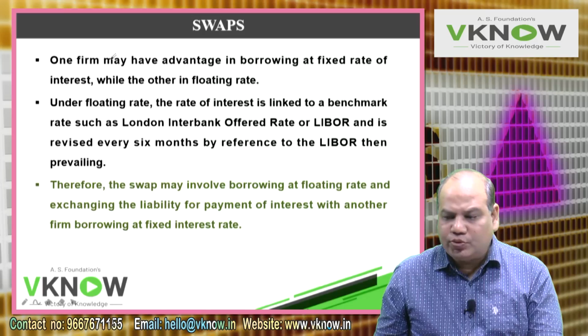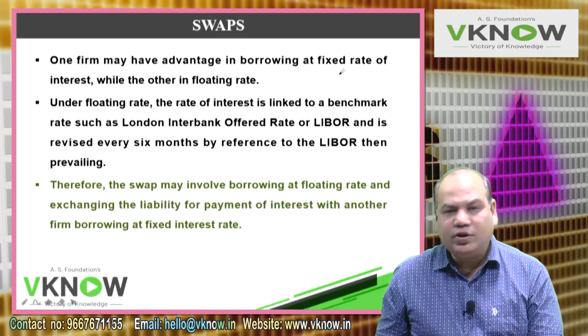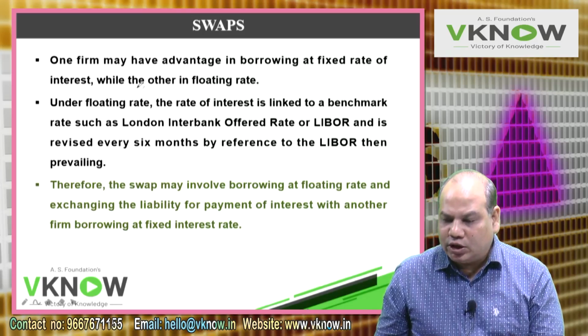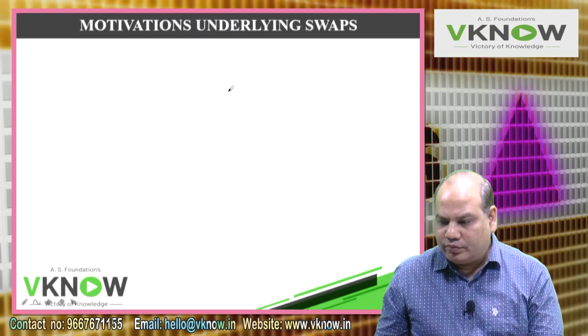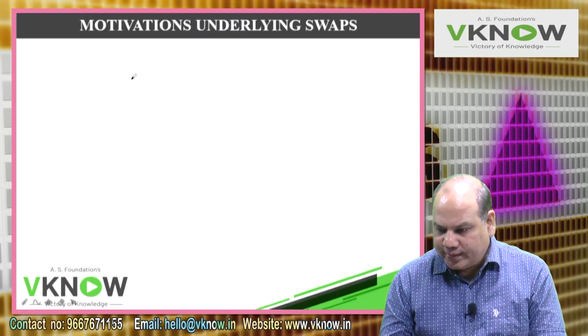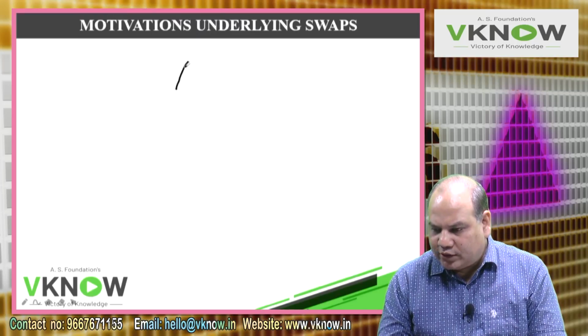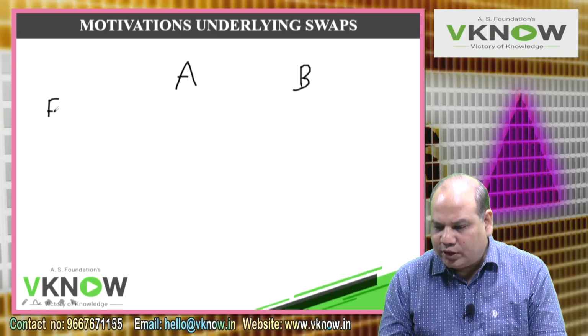Another example of swap will be, one firm may have advantage in borrowing at fixed rate of interest, the other firm may have advantage in floating rate of interest. So I am going to give you one example on this also. Suppose there are two entities, A and B. Fixed rate of interest applicable.